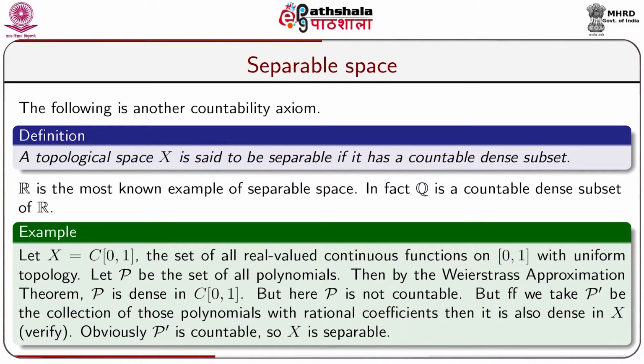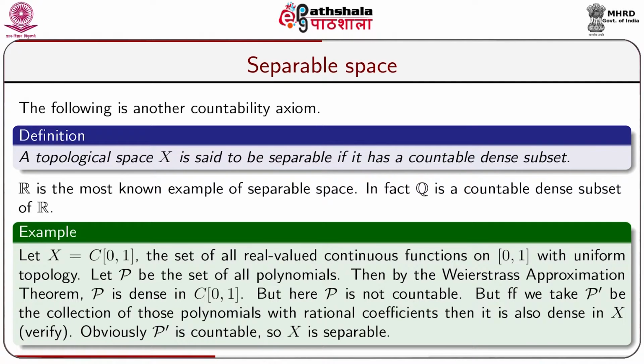That means R contains a countable dense subset. Those topological spaces which contain a countable dense subset, we call separable spaces. So, R is a particular example of a separable topological space.